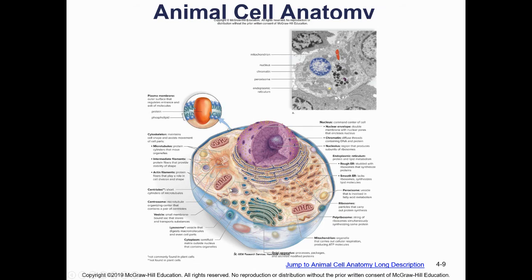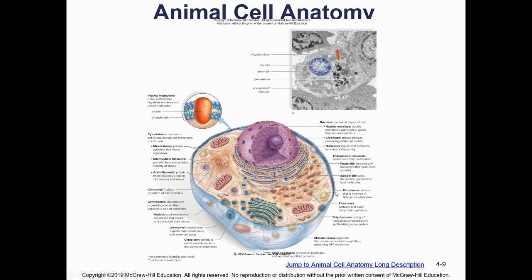Lysosomes are specific vesicles that the protein they carry is an enzyme that breaks down cellular debris. So sometimes in this process we make mistakes, or we get toxins, or we get something that doesn't belong or doesn't work right. We need to break it down and get rid of it, our cellular garbage. And so these lysosomes will digest and get rid of the garbage. So lysosomes are the garbage cans.